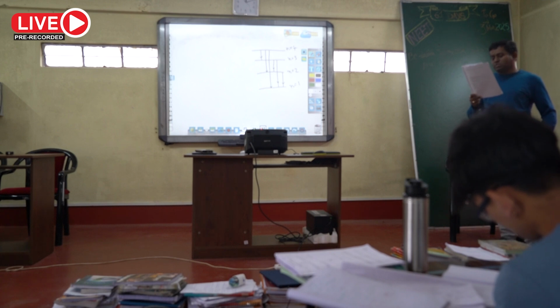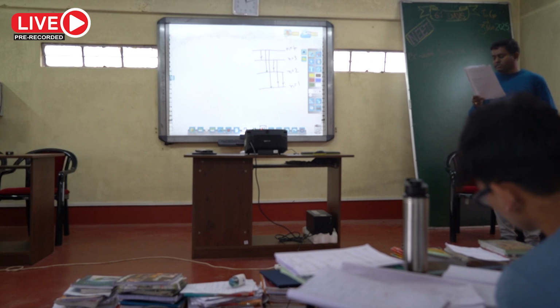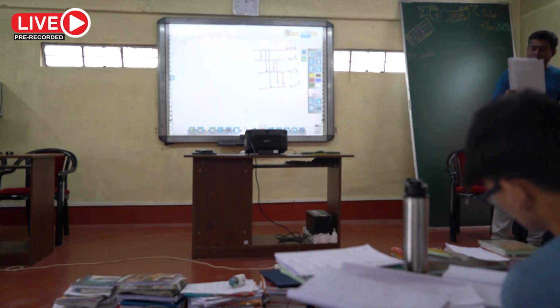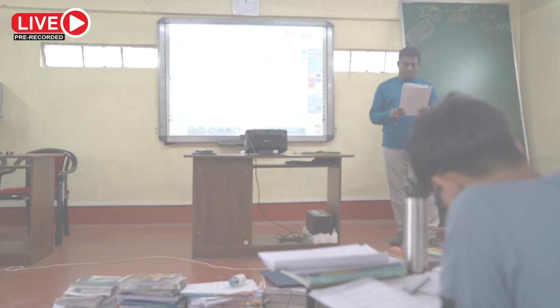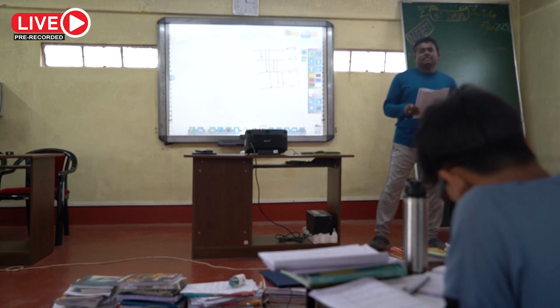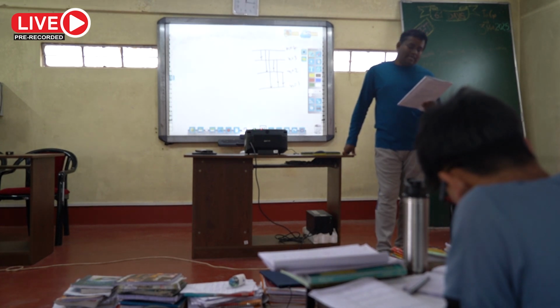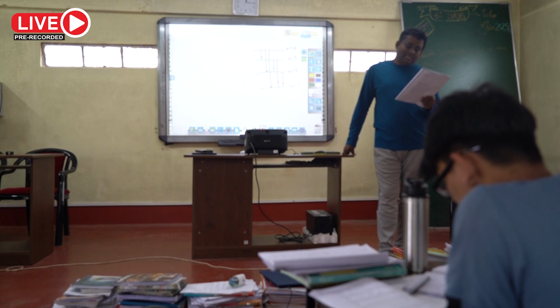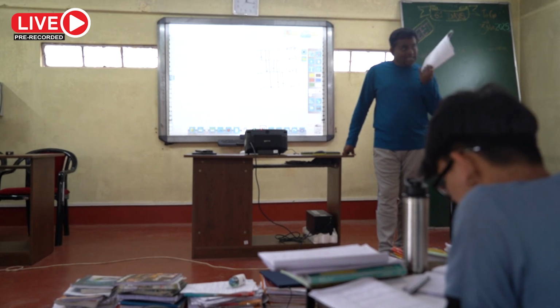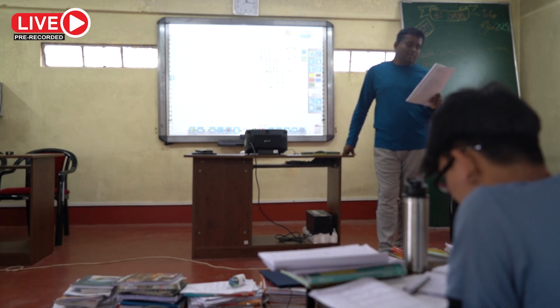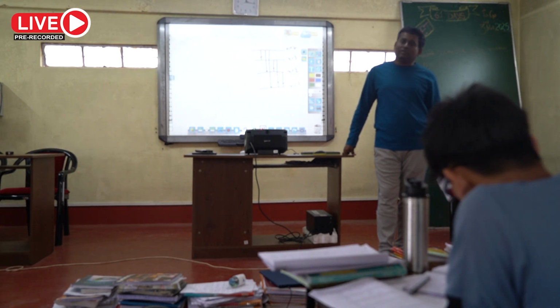Binding energy per nucleon of lithium and helium nuclei are 5.6 and 7.6 MeV respectively, in a reaction that is given, find the Q value. See, in this question you have to calculate the binding energy of the lithium minus binding energy of the helium. Then it will be the Q value that you will get.